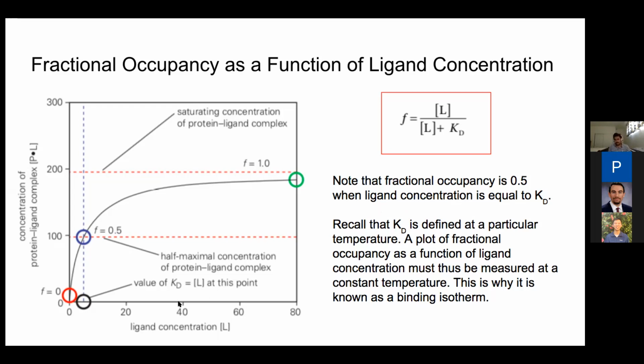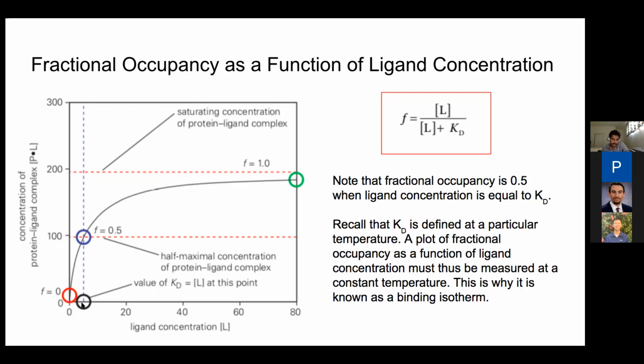So when we make a plot of fractional occupancy as a function of ligand concentration, we have to make sure that that's done at a constant temperature. We can't change temperatures as we conduct this plot, as we change the value of the ligand concentration. And then you'll note, when we start off with no ligand, obviously there's going to be no protein bound with ligand because there's no ligand available. As we increase ligand concentration, the protein readily binds the ligand.